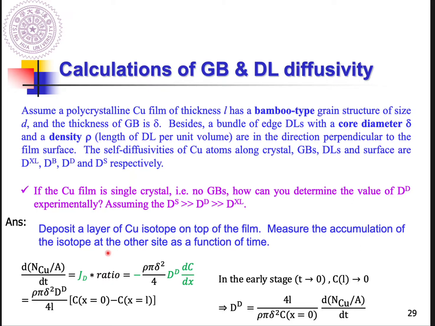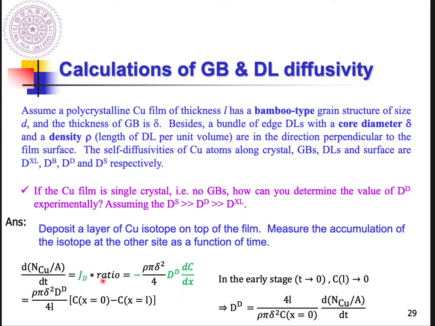And if we measure the accumulation rate at the backside of this film, first of all, we need to get the flux. But the flux, the diffusing atoms are through the DD dislocation, right? So we need to multiply by the ratio.